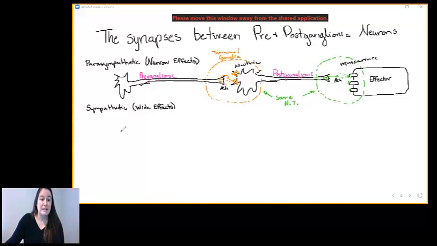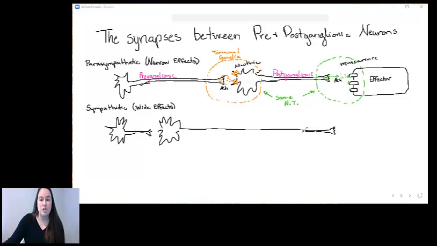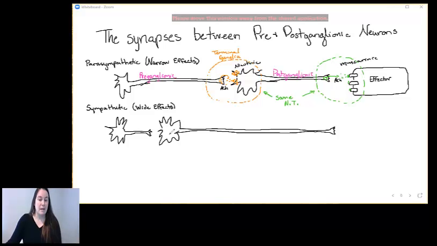In the sympathetic system, you may recall, or should recall, ingrain this in your brain, that there is a short preganglionic neuron and a reasonably long postganglionic neuron. So these things have some subtle variations in their anatomy that make them identifiable.